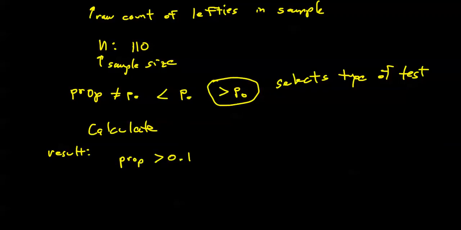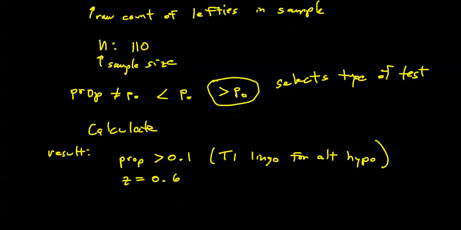Alright, the calculator tells us prop greater than 0.1. Well, this is really the TI lingo for the alternative hypothesis. Remember, the alternative hypothesis was P greater than 0.1. The calculator also returns a z-score.